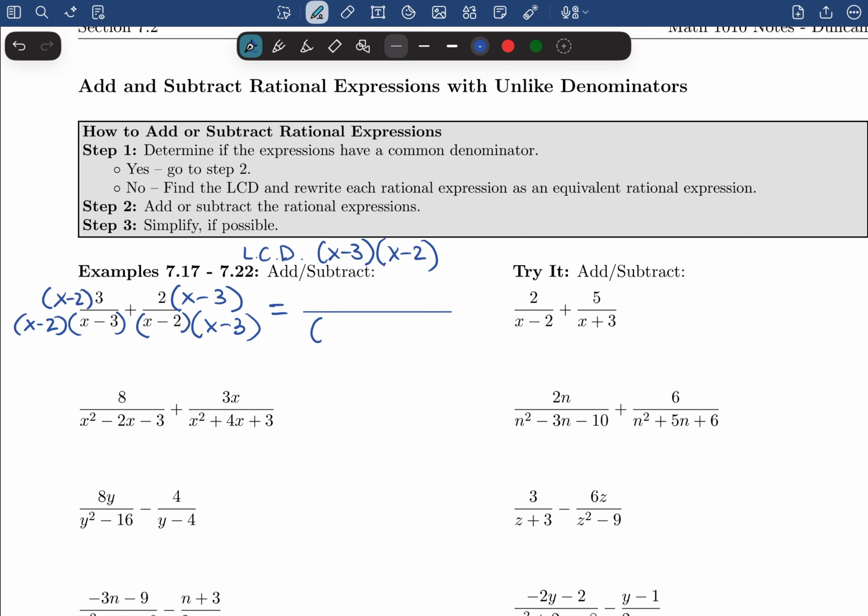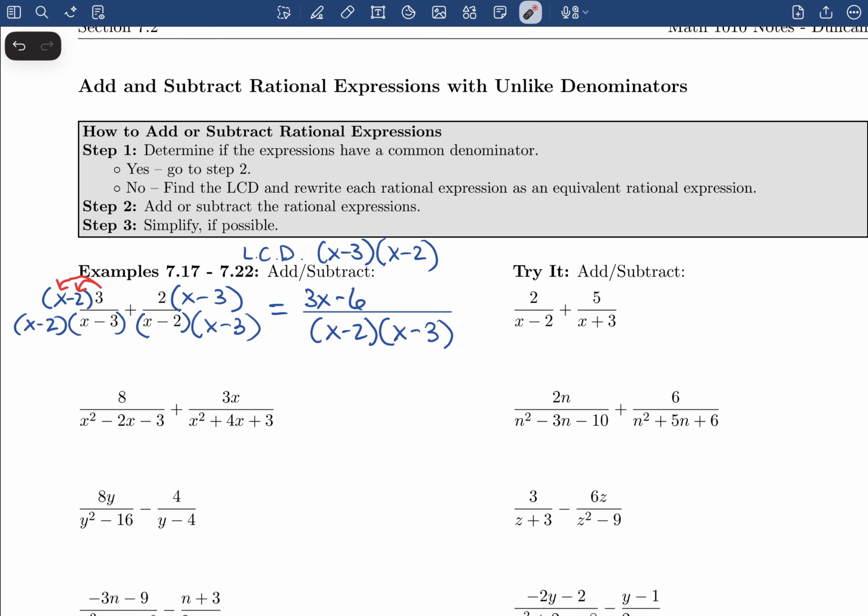I take my x minus 2 times x minus 3 denominator, and that becomes my resulting denominator. Now I need to distribute this 3, multiplying it into both of these terms. So 3 times x is 3x, and then negative 2 times 3 is negative 6.